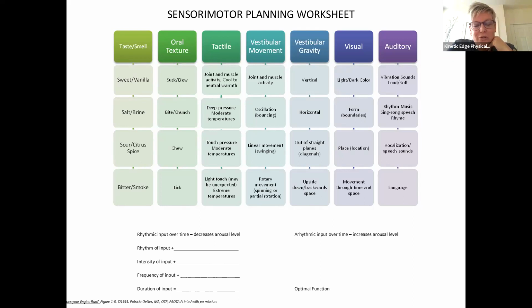And so we can change the variables of that jumping activity by making it available to them more frequently throughout the day. So you would change the frequency of the input.